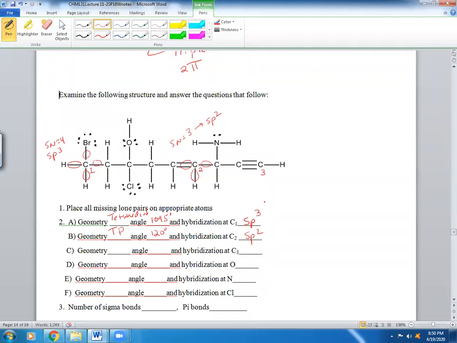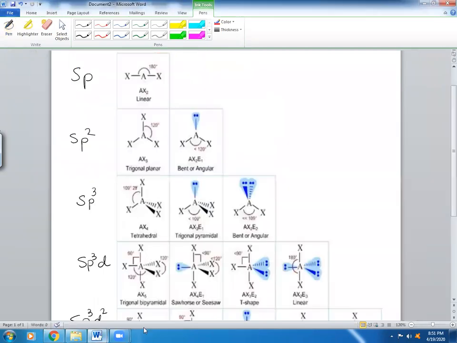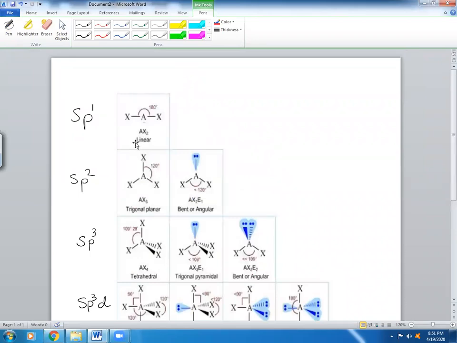So in this case, you have one domain, two domains. So that must be steric number of 2, which is sp. And the angle associated with sp is linear, is 180, and that's linear.